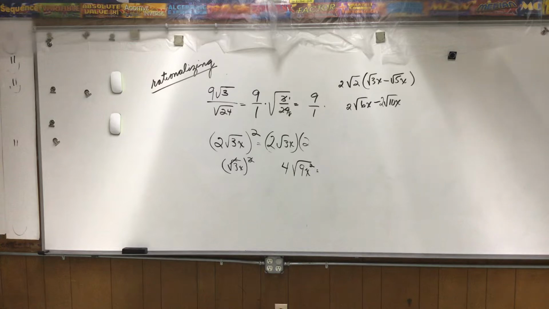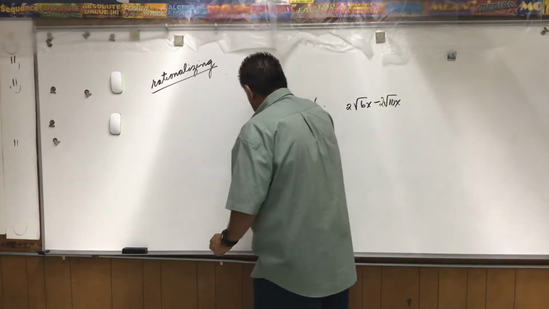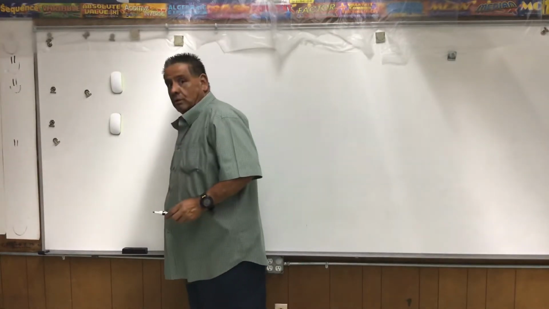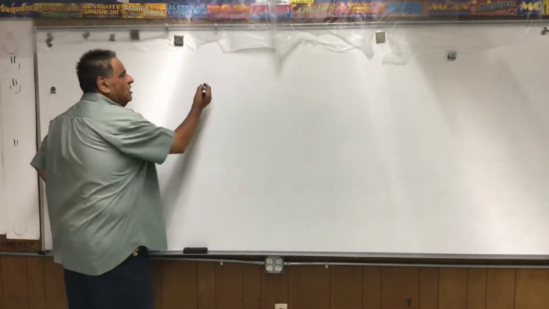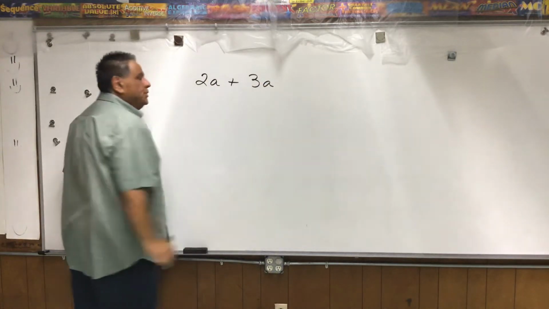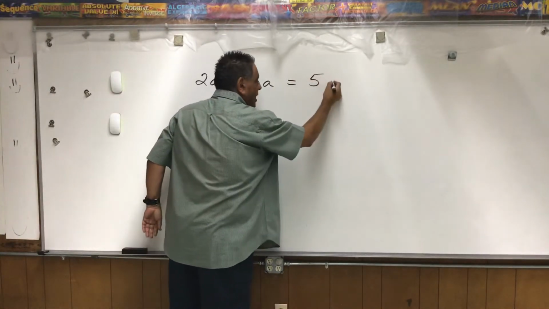And then we're going to jump over into addition and subtraction of these. We did multiplication. Now it's addition and subtraction of radicals. All right? Addition and subtraction of radicals, not too difficult, just a little bit of math involved. So let me give you this. Let's start off with this. What would your answer be here? 2a plus 3a. I hope you all said 5a.